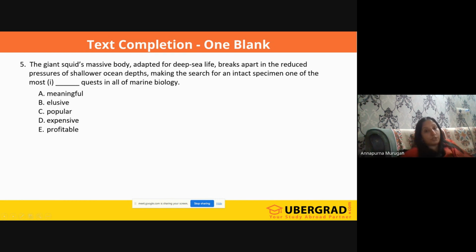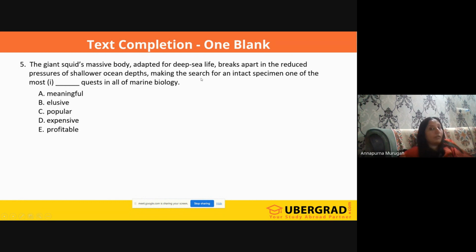Because of pressure, it makes the search of an intact specimen one of the most... So what is happening? It breaks apart, which is making the search for the specimen not very easy. That means the search of the specimen becomes very difficult in all of marine biology.